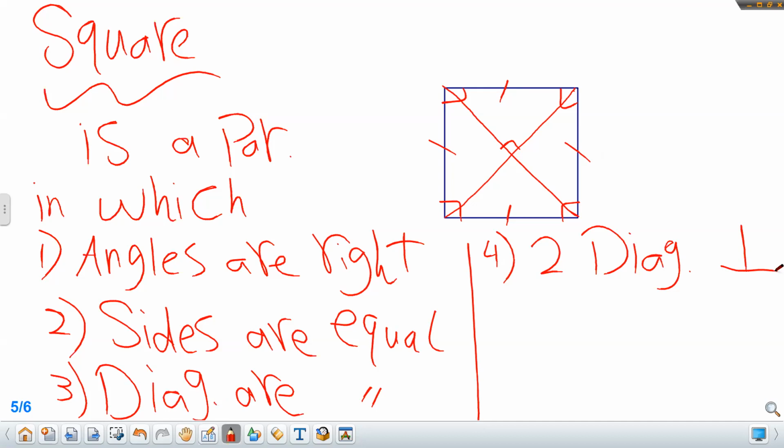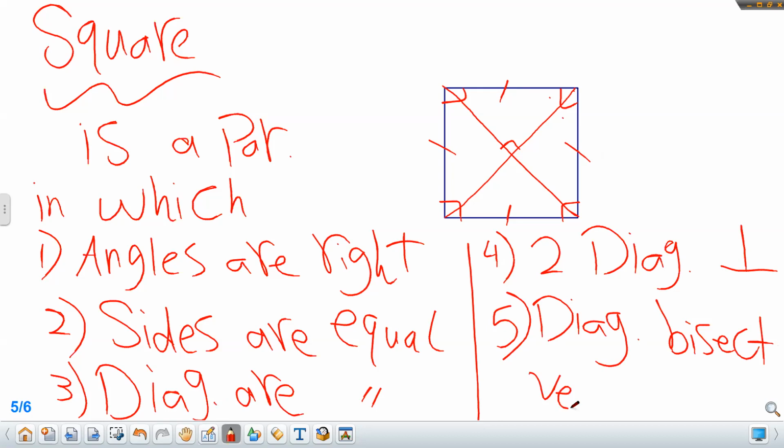Number 5, the diagonals bisect the vertex angle into two halves, each of which is 45 degrees, the same property as the rhombus. So we can say the square is the ideal, regular quadrilateral.